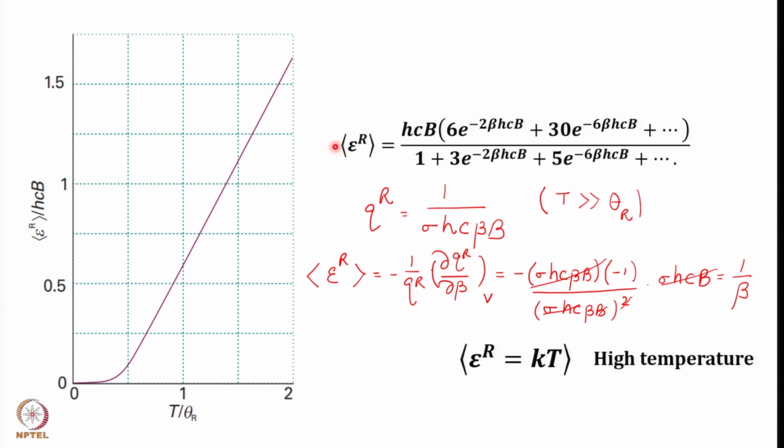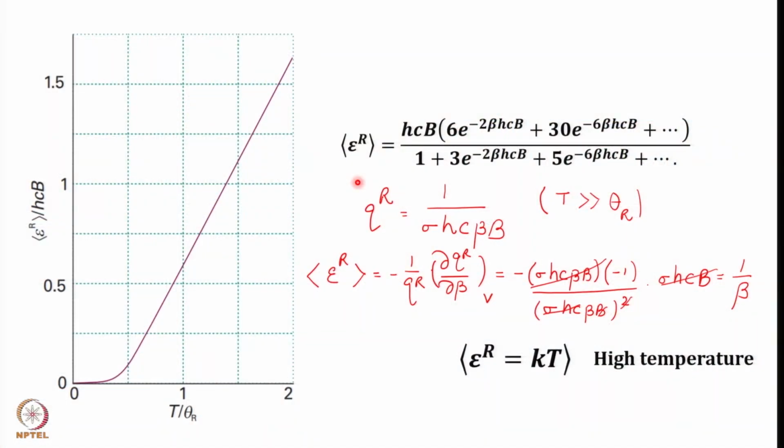When to use this expression and when to use the other simply depends upon the temperature of interest. If the temperature is not very high, then you have to use the full expression, and if the temperature is high, then you can use this simpler expression. Remember that this discussion is for a linear rotor.